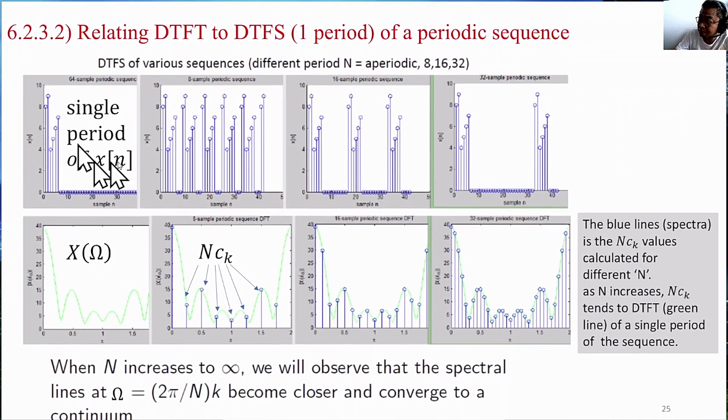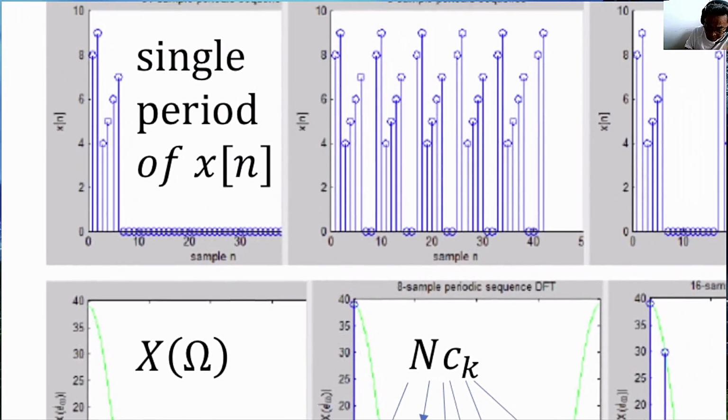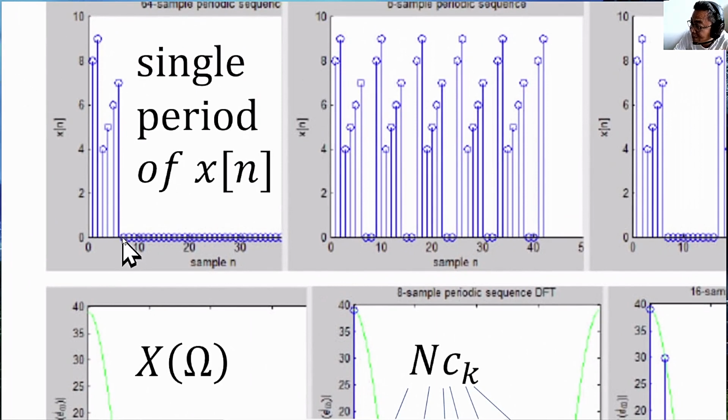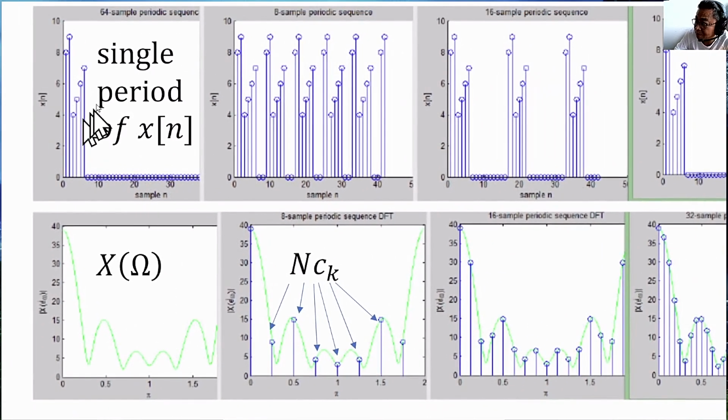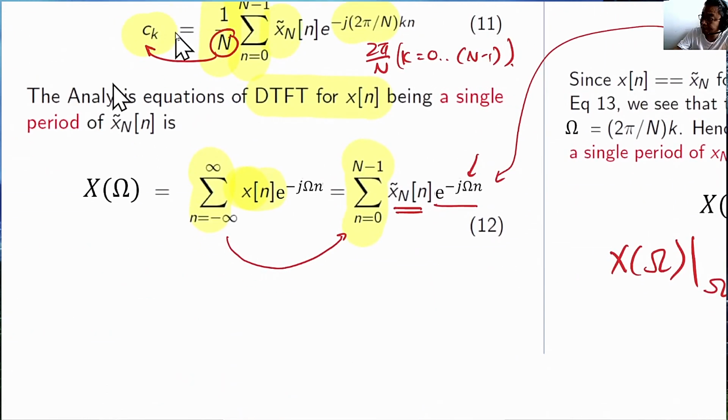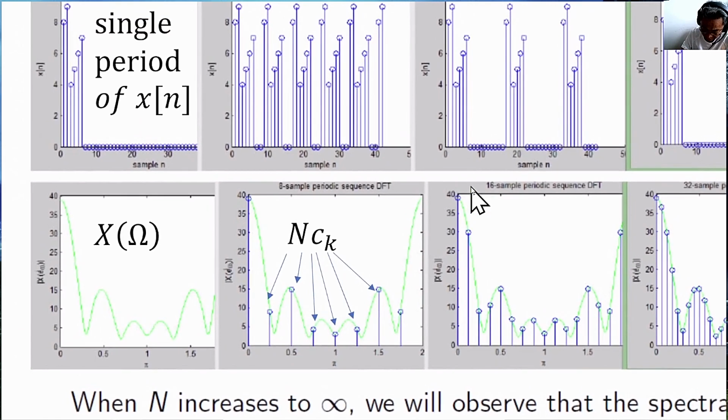I have a single period of this sequence. So the single period is basically some values and then all zeros after it. And if I plot X(ω), all I need to do is take this finite support and use the equation over here, and work it out only for the finite support for all ω. And ω here I'm plotting from 0 to 2π.